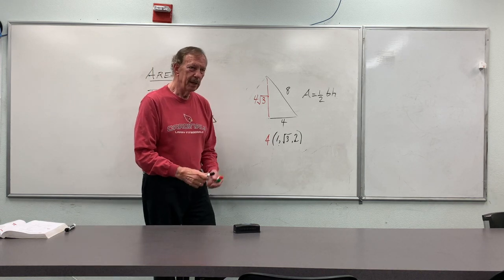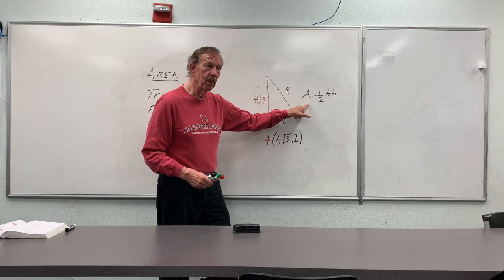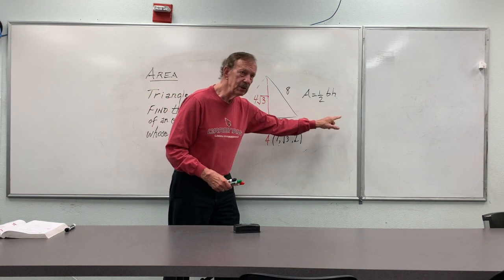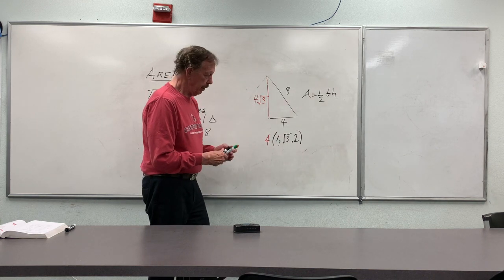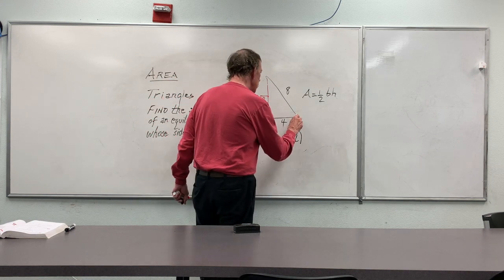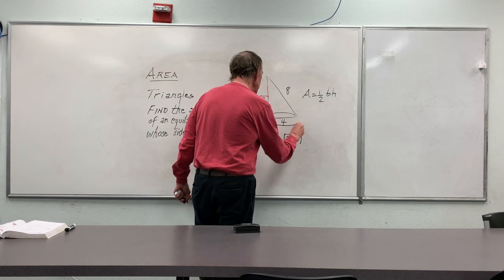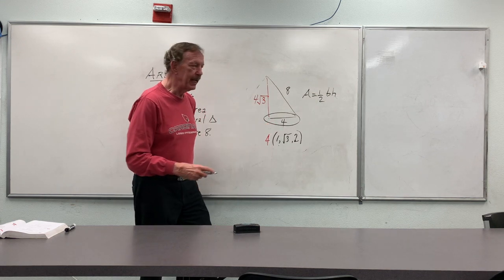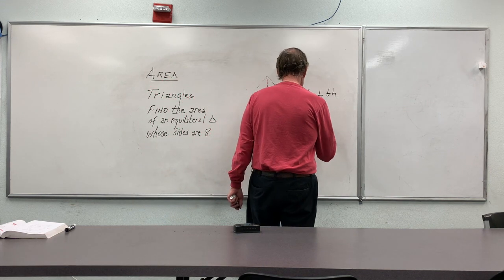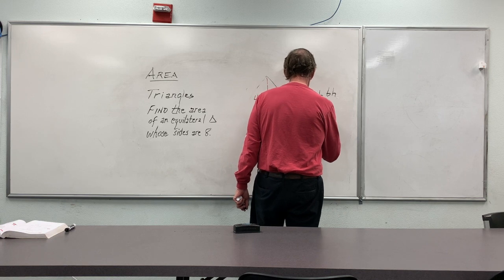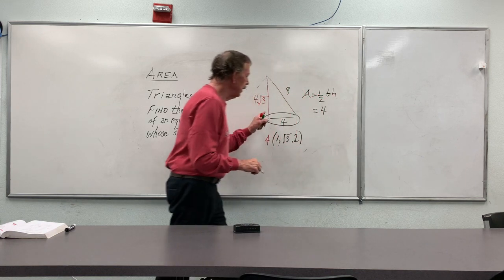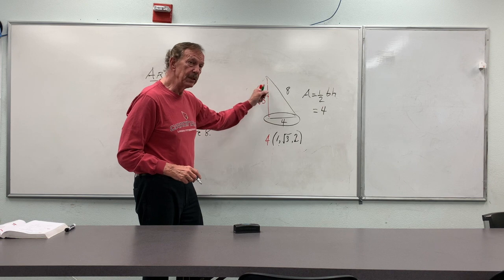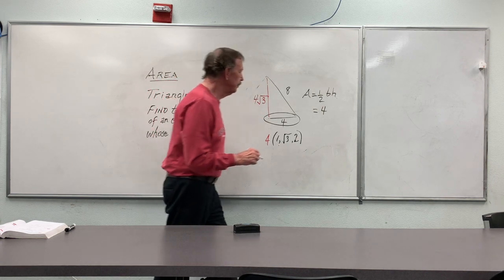The area of a triangle is given by the formula 1/2 the base times the height. This piece here is 1/2 the base. This piece here is the height.